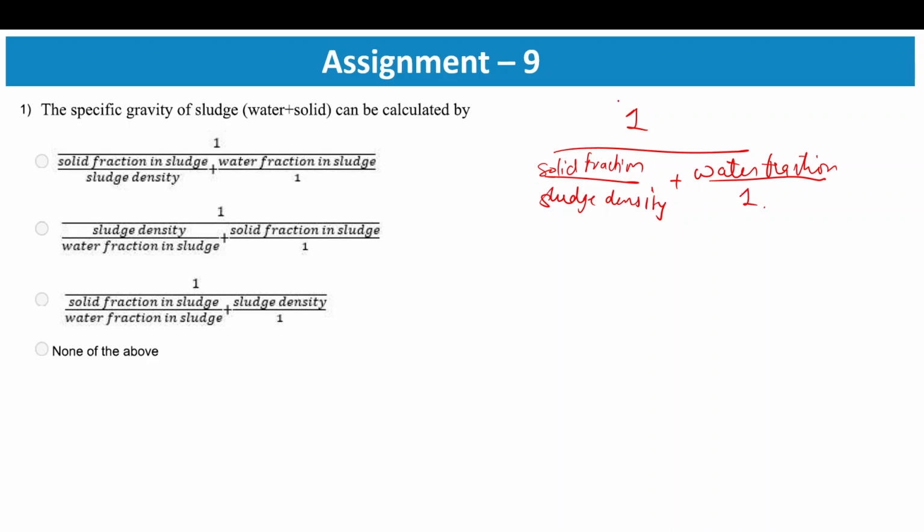So this is the formula for calculation of specific gravity.